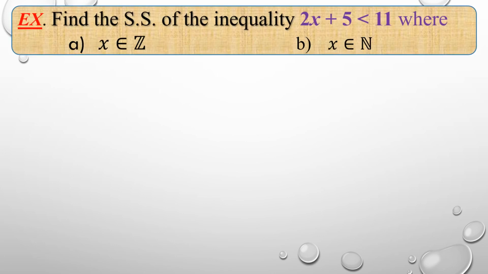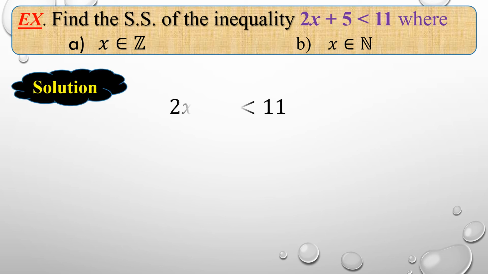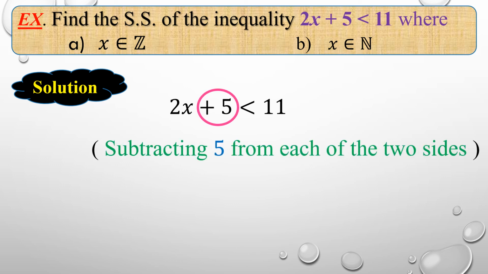Exercise: find the solution set of the inequality 2x plus 5 less than 11, where A: x belongs to Z, B: x belongs to the natural numbers N. Solution: 2x plus 5 less than 11. I get rid of plus 5 by subtracting 5 from both sides. So 2x plus 5 minus 5 less than 11 minus 5.